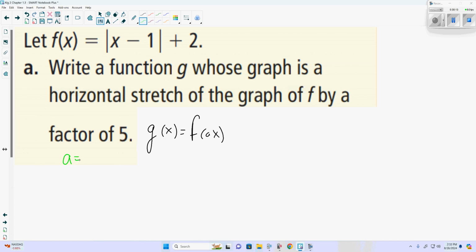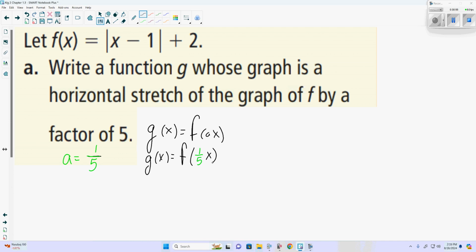So our flip of 5 would be 1 over 5. Since 5 doesn't have a denominator, it's understood to be 1. So we flip it as 1 over 5. So our value for A for this is 1/5. So we have f of one-fifth x.